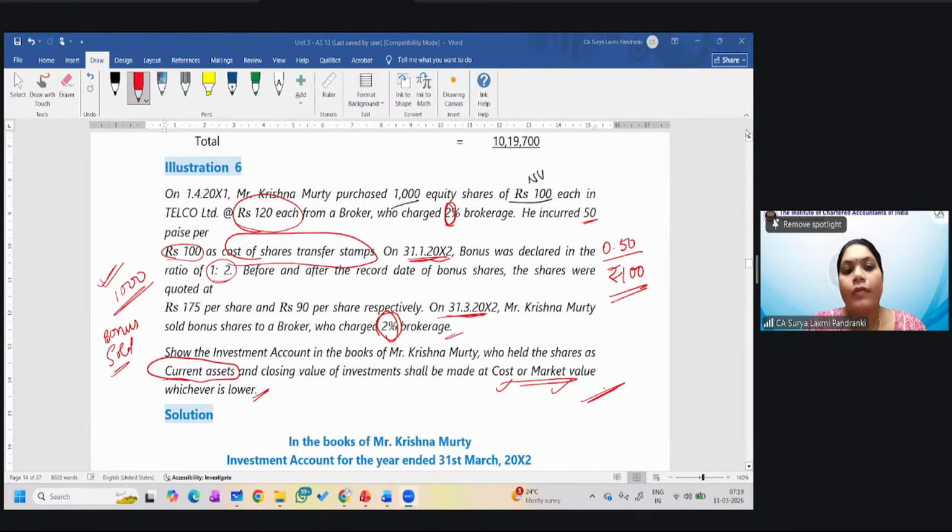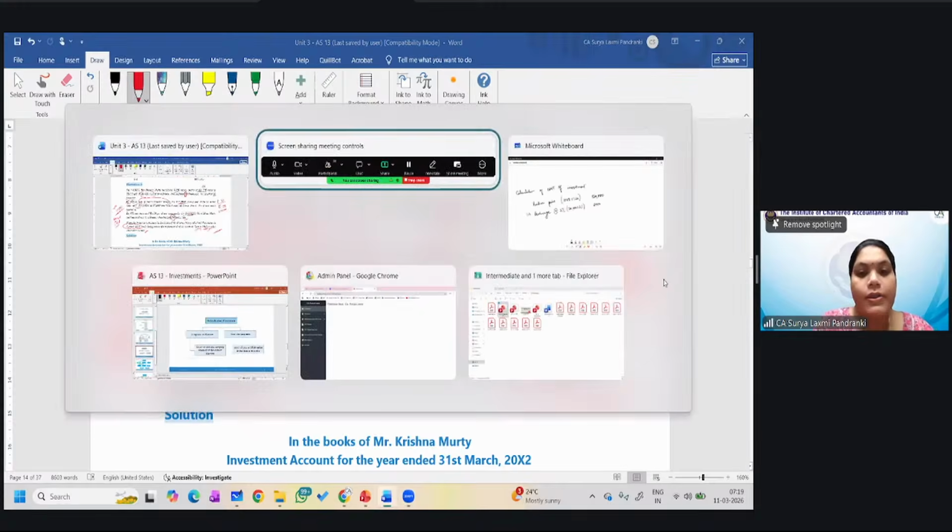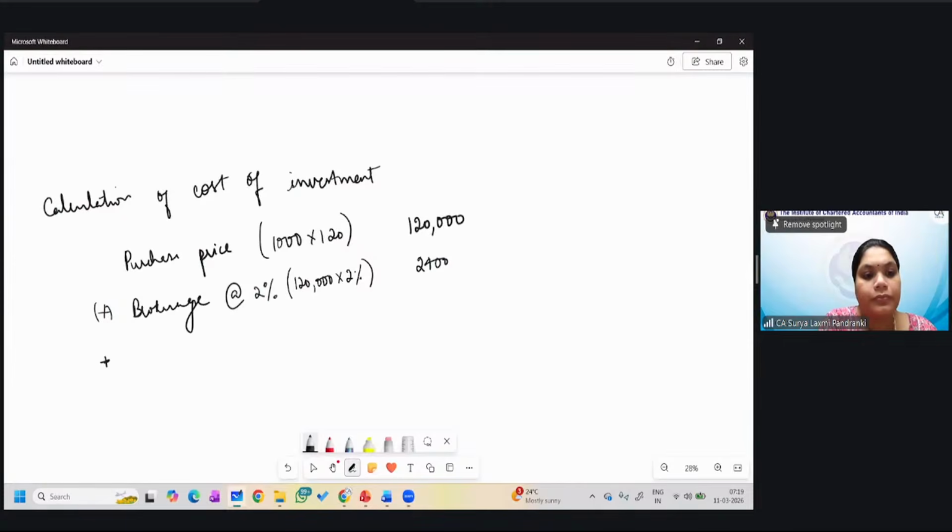They also told we have the transfer charges, 50 paise per share.